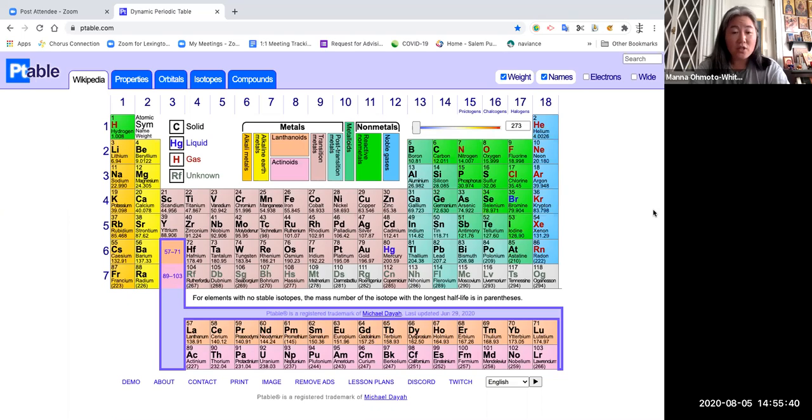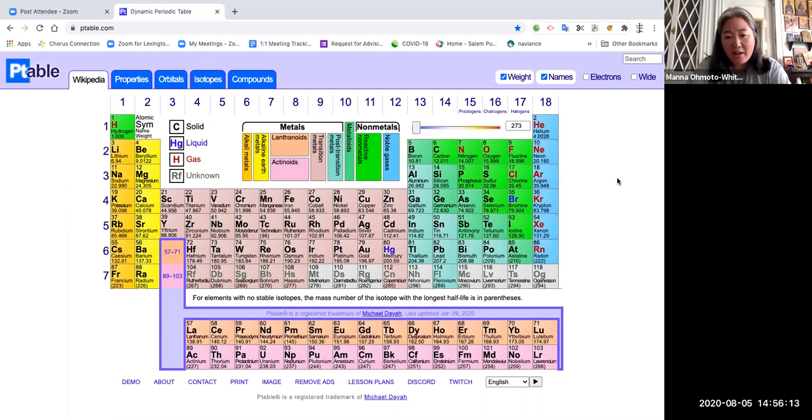Another thing that's interesting is that all of these masses are what we call relativized, meaning they are all relative to a certain element. And oftentimes that's either carbon being 12 grams per mole, or oxygen being 16 grams per mole. As a result, depending on which one they're relativized to, all of these mass numbers may be slightly different on another periodic table.